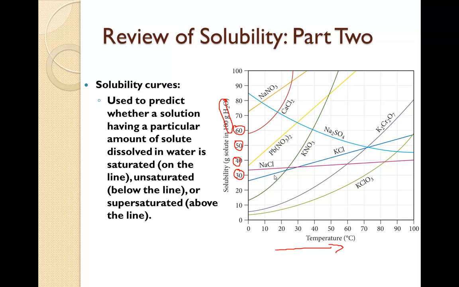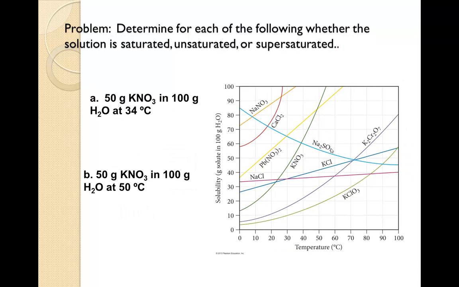The solubility curves are used to predict whether a solution having a particular amount of solute dissolved in water is saturated. So if we look at KCl, for instance, if it's on the line, it's saturated. If it's under the line, down here, it's unsaturated. If it's above the line, it's supersaturated. We can use this to determine the solubility.